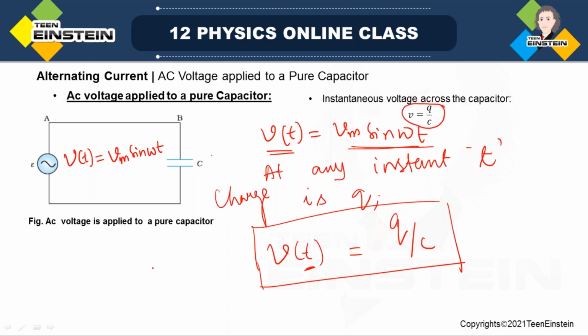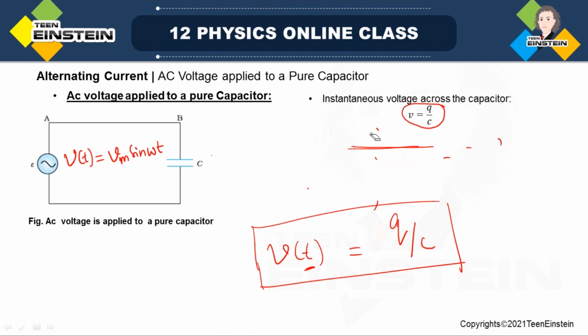So at any instant the voltage across this capacitor will be this Vt. From this formula I can write Q, the charge at any instant of time, which can further be written as C Vm sine of omega t.